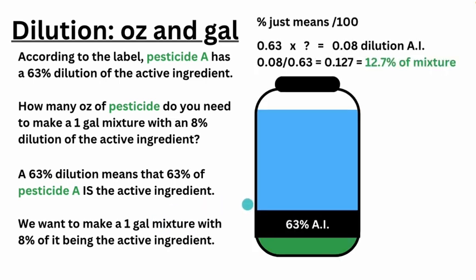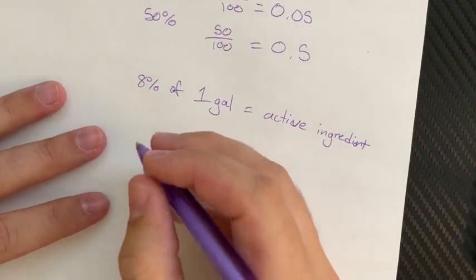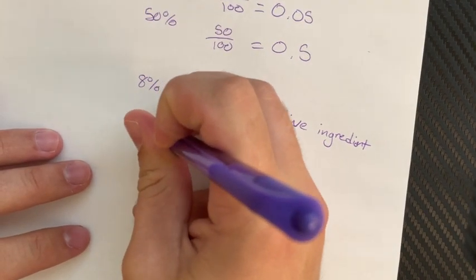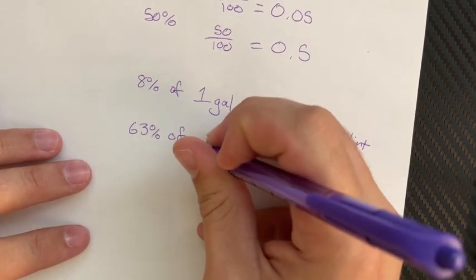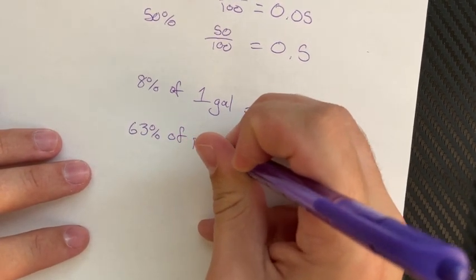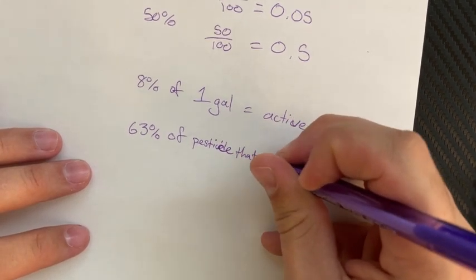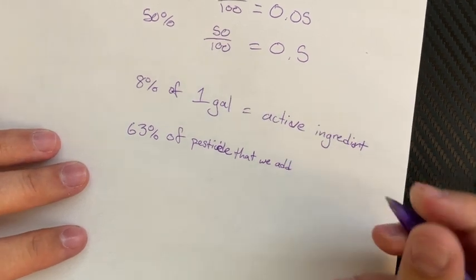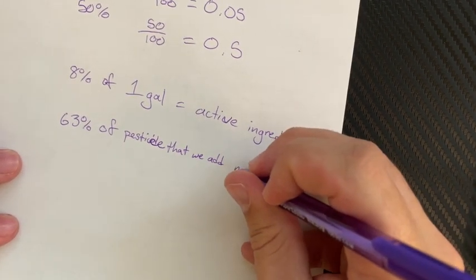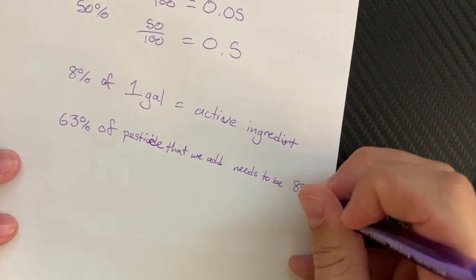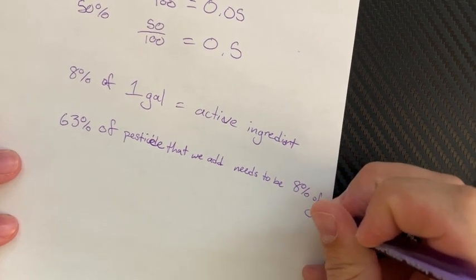So I just shrunk this down to make some room. Percent means divide by 100. I don't know how much pesticide we're going to add, but I know that 63% of the pesticide that we add needs to be 8% of the gallon, okay?